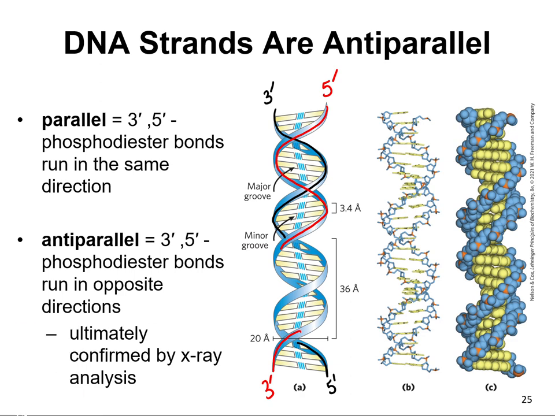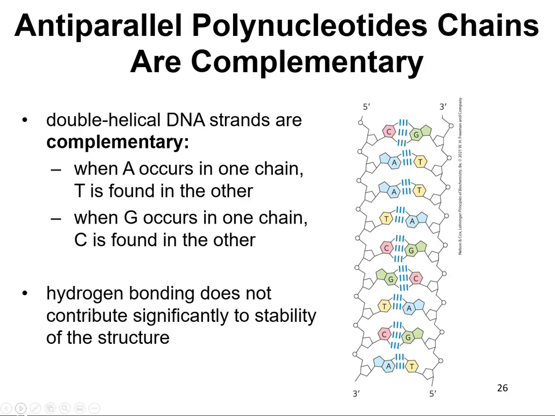So it goes without saying that parallel means you would have 3' and 5' running in the same direction. The anti-parallel chains are complementary. So that's how we get our base pairing. If you see an A in one strand, you're going to find a T in the other, G in one, C in the other.